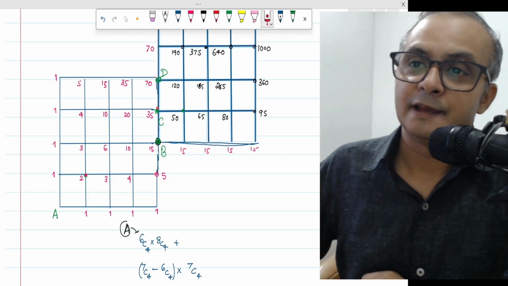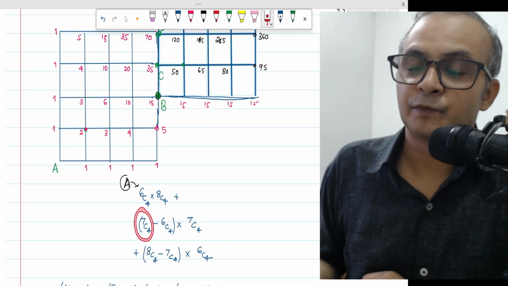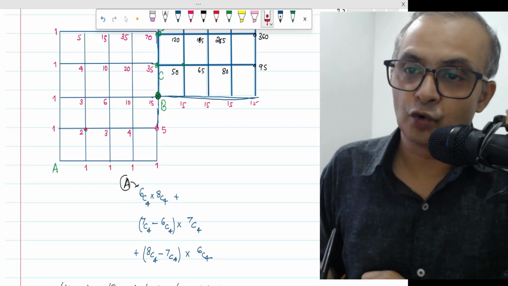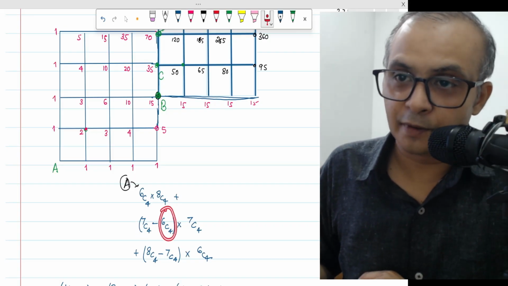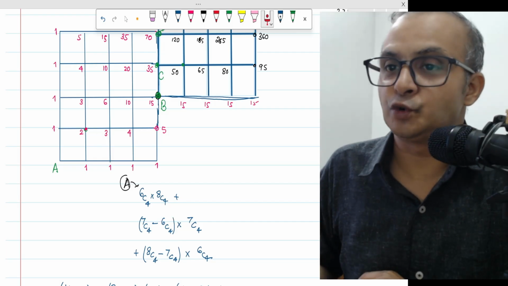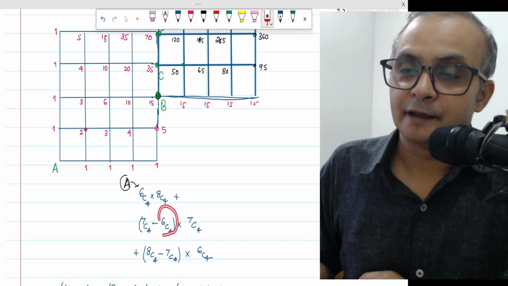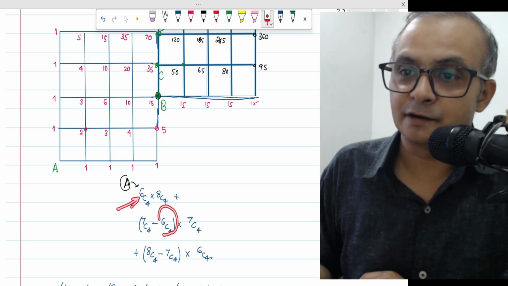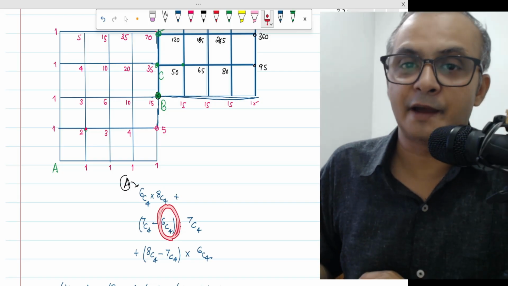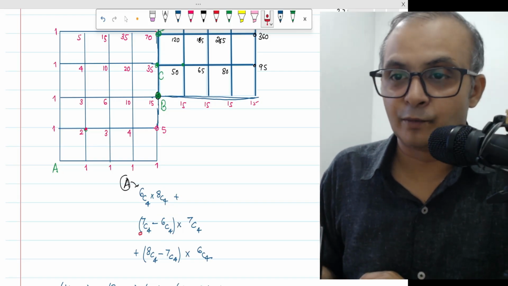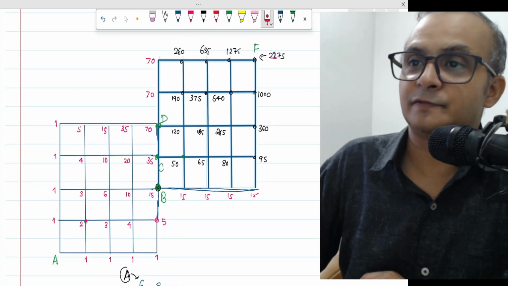It means 7C4 is the total number of ways to move from A to C, and 6C4 is the total number of ways to move from A to B. I don't need it because it is overcounting; it was already counted here, and this is the number of ways to reach C via B. So I removed it, and from the C position, now I have to reach the final destination.